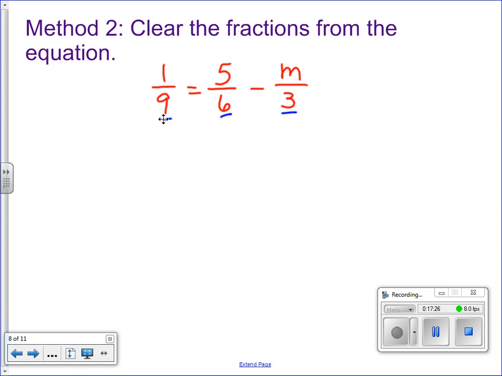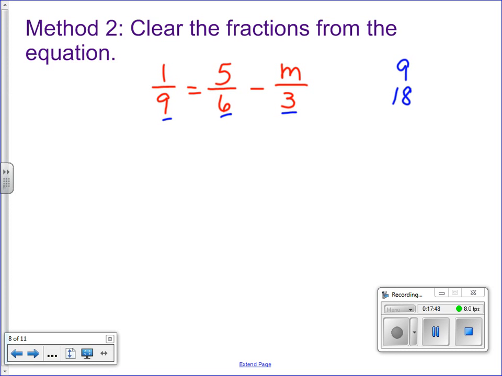So it's very similar to finding a common denominator. The easiest way to do this is to start with your biggest number, 9. And let's just make a list of multiples of 9, and we'll check to see if any of them work. I know that 9 won't work because 6 will not divide into 9 evenly.